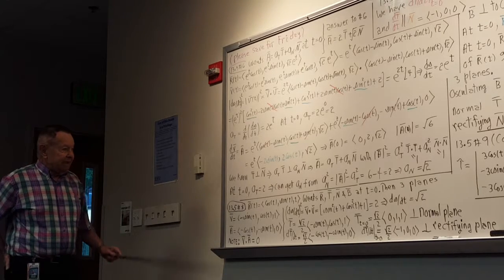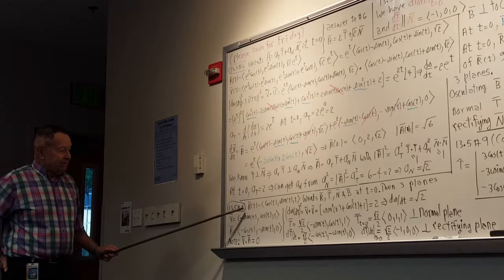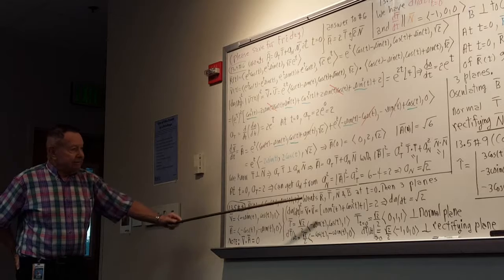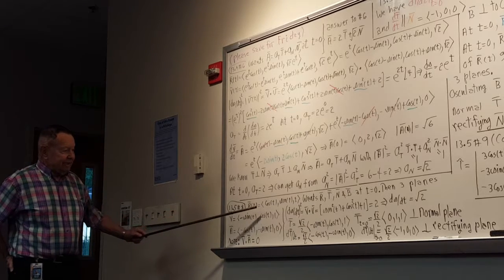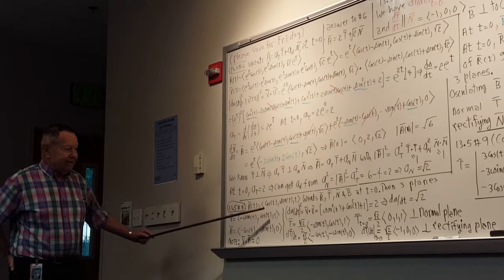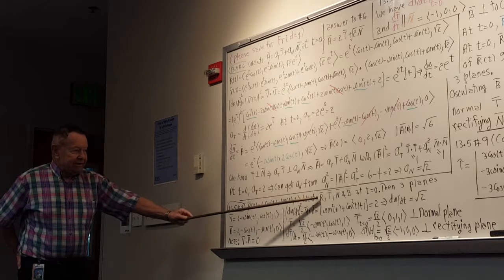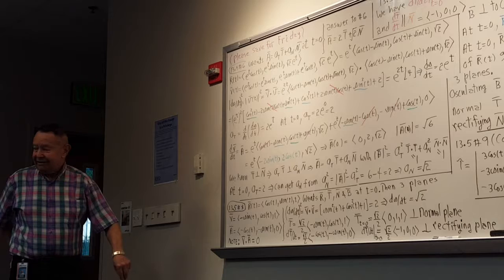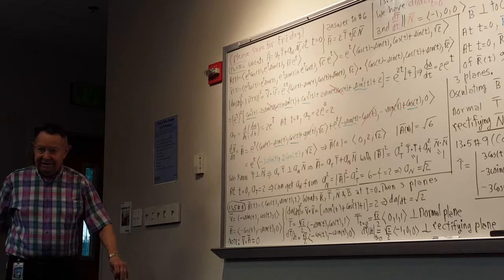Okay, now with problems starting with 8, actually I think starting with 7, but 8's the one I've done here. Now it wants the r and the t and the n and the b, and then get their values at time 0.